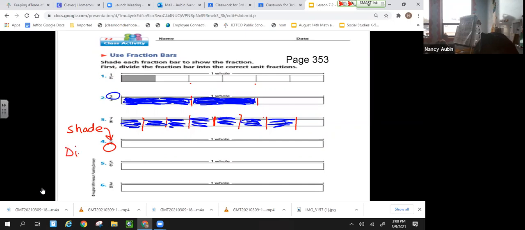So divide into 4ths, shade 2, because it's 2 4ths. See if you can do it. If you did that one and you think you can go ahead, you may.